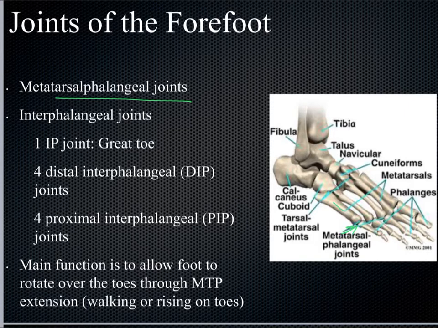The articulation between the metatarsal and the phalange, right? What we know about the phalanges is that the first ray only has an interphalangeal joint and it doesn't have a distal or a proximal. But digits 2 through 5 have a proximal interphalangeal joint and a distal interphalangeal joint.